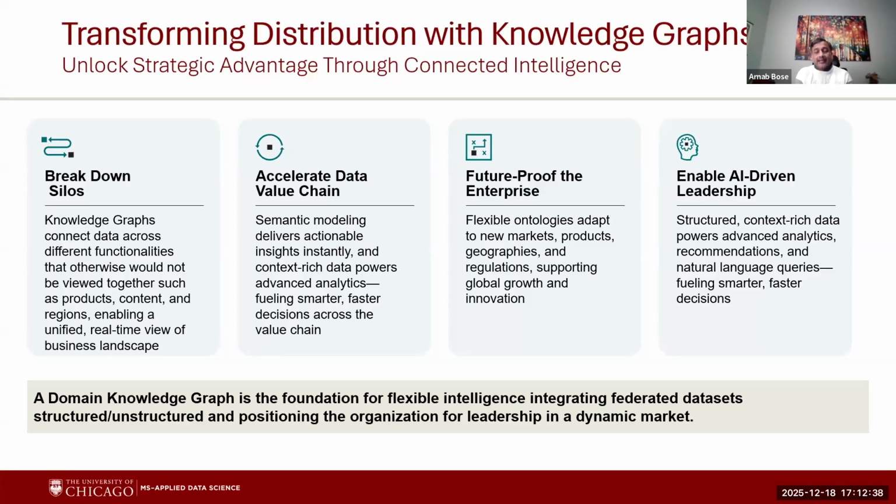And that enables AI driven leadership. I mean, AI, as you know, has become a big buzzword and is a big driver in industry right now. So future proofing the enterprise enables good decisions, and also enables AI leadership.